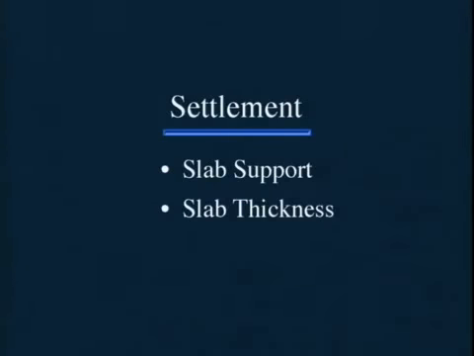That's enough on heave. I'd like to say a few things about settlement. Under soil settlement, we can avoid cracks in slabs by providing a firm and uniform support or by increasing the thickness of the slab. Base rock is used to provide a firm support for the slab, and it's especially good for supporting the edges.